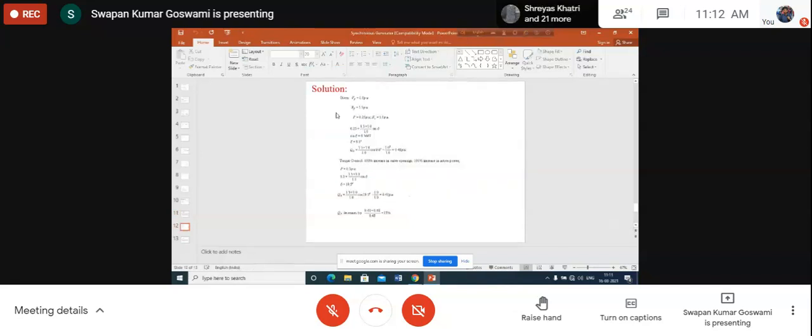You see what is given: 1 per unit is the terminal voltage Vt, and EF is 1.5 per unit. These are very small script. Actually, I don't know how much you can see. Unfortunately, these are very small. Now, P is 0.25 per unit power, the power delivered by the generator, and synchronous reactance is 1 per unit.